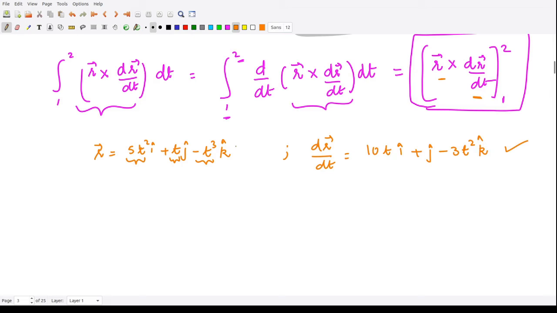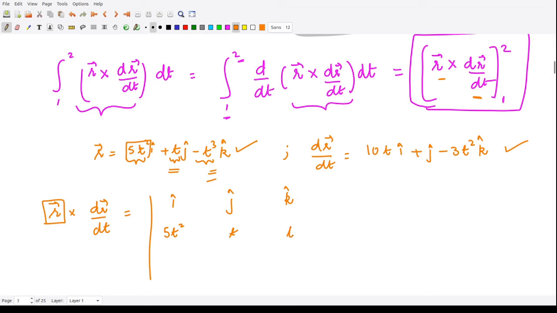Now you have one vector and a second vector, so when you take the cross product of these two vectors, always remember, whenever you want to take the cross product, the order matters. So you first write the components of vector r. The components of vector r are 5t square, then t, and then minus t cube, right?